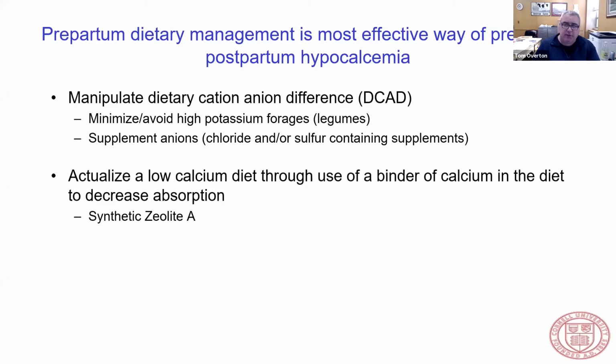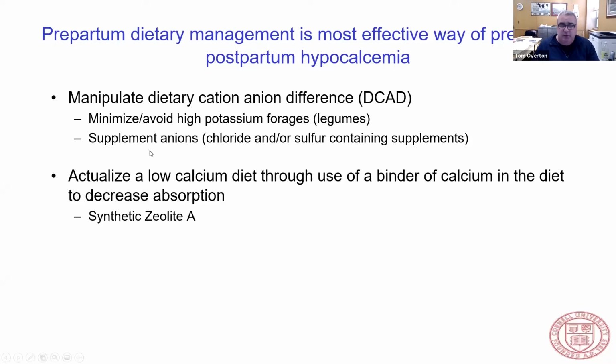We're not so much worried about the far-off diet, but if we're feeding a two-group dry cow system, in the close-up diet we're really trying to minimize or eliminate those forages. So that means we steer it more toward corn silage, straw, and grassy hay that hasn't seen much manure. Those generally are lower potassium sources.